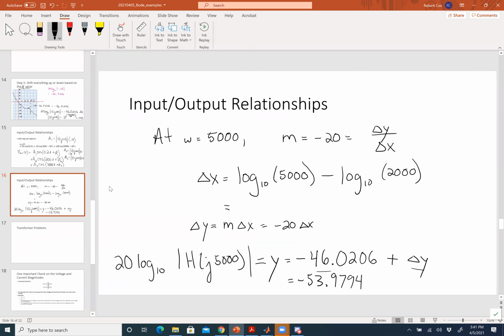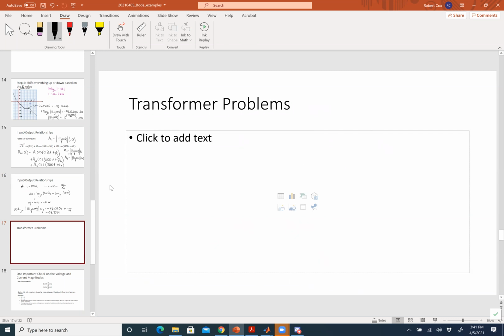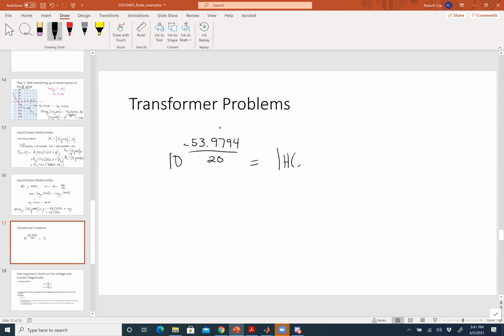So how do I get my magnitude? Divide by 20, raise both sides to the power of 10. So I would say 10 to the negative 53.9794 divided by 20 is equal to the magnitude of that guy at 5,000.